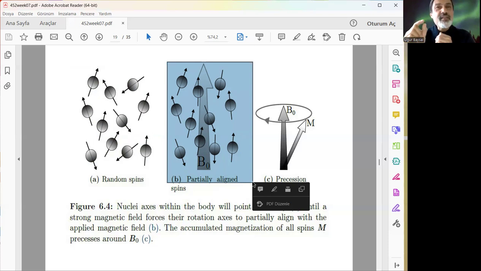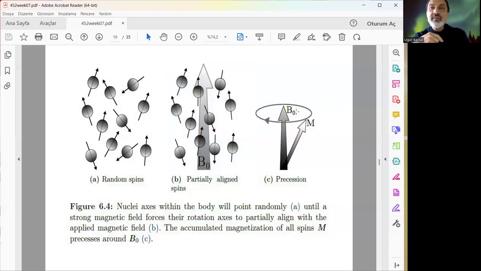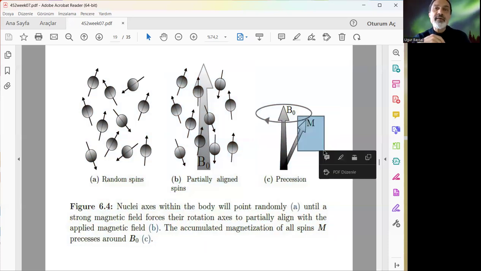So each little nucleus cannot align properly, but their cumulative sum can be aligned. And this cumulative sum is shown with the letter M, the magnetization vector of the body. So this is like a reaction magnetization vector to the outside DC magnetic field B0.